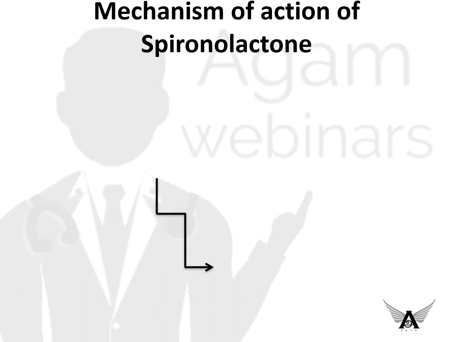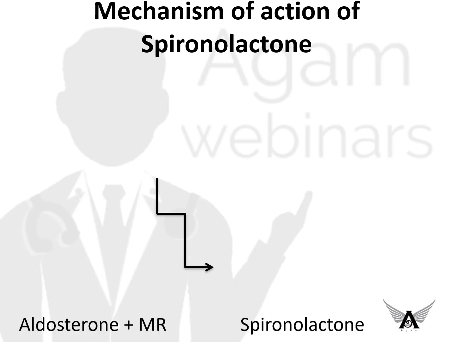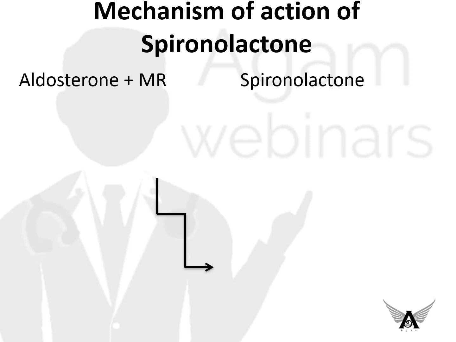Now let's learn about the mechanism of action of spironolactone. In a nutshell, aldosterone binds with the mineralocorticoid receptor to form aldosterone induced protein.